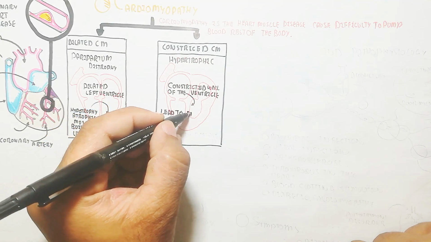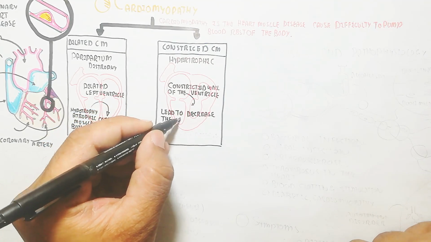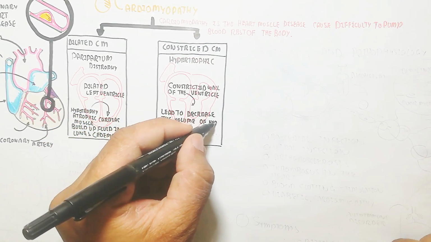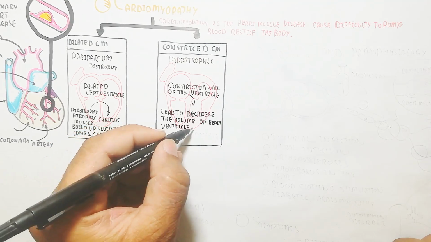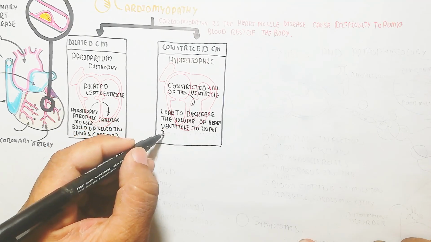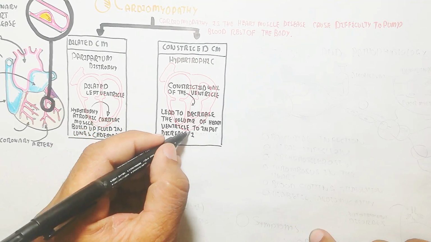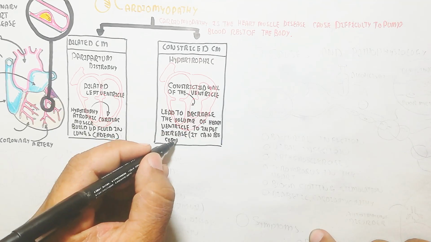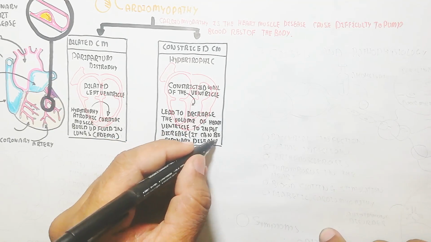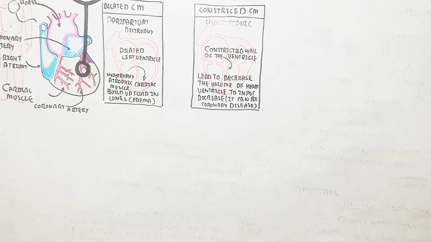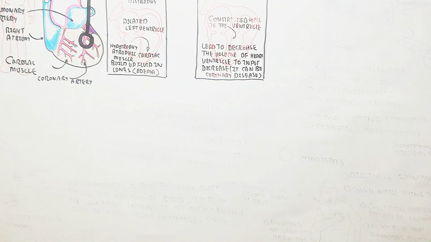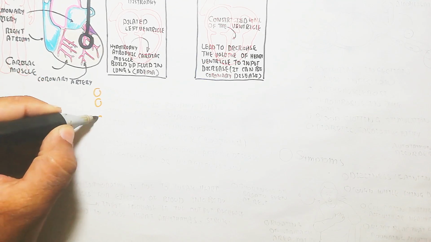The constricted wall of the ventricle occurs due to hypertrophy, and this leads to a decrease in the volume of the heart ventricle, so the input decreases and the output also decreases. So it can be coronary disease.